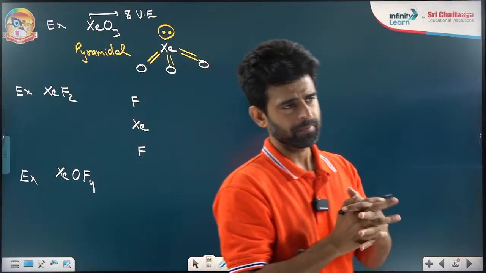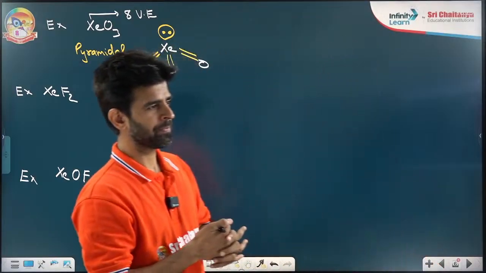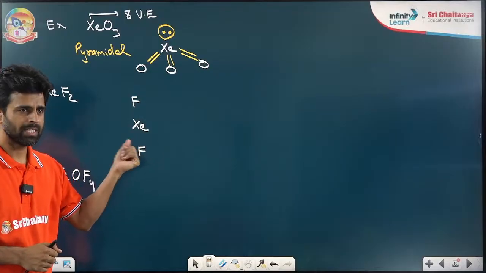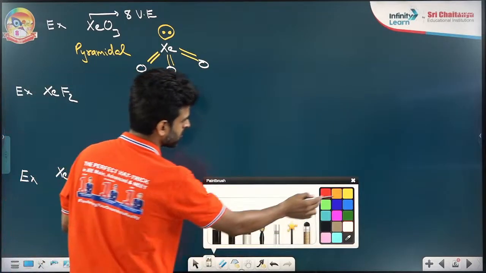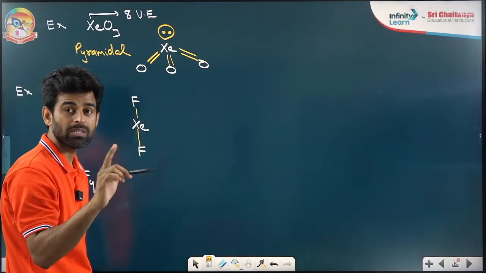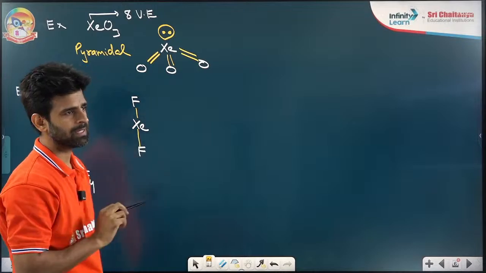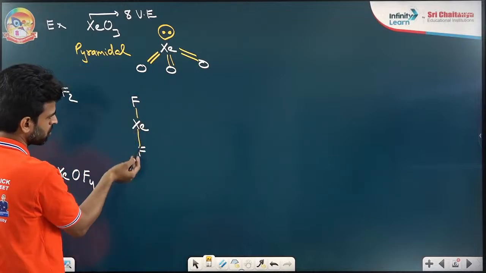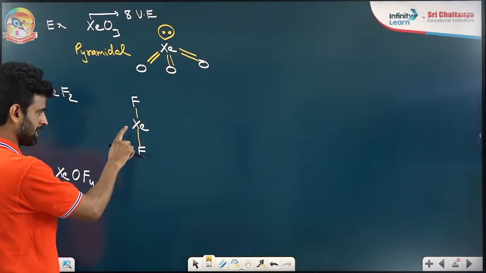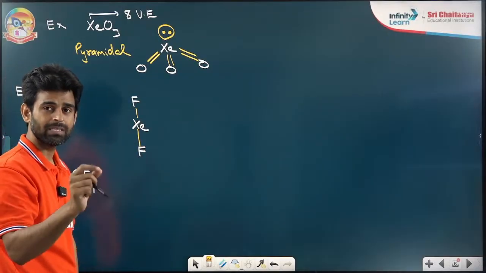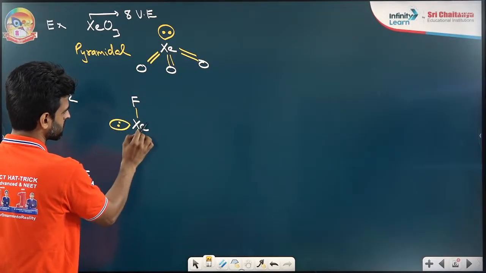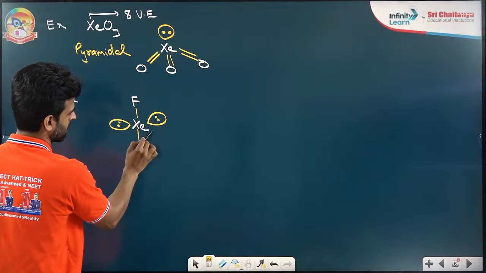Okay. Shape is fine. Yes, beta. So xenon has 8 valence electrons, right? Out of 8 valence, beta, it's making what? Sigma, sigma, because we know that halogen makes a single bond as a surrounding element, right? So 2 are used in making bonds, 6 are still there, right? Xenon still has 6 valence electrons, and these 6 will be used as lone pairs, right?